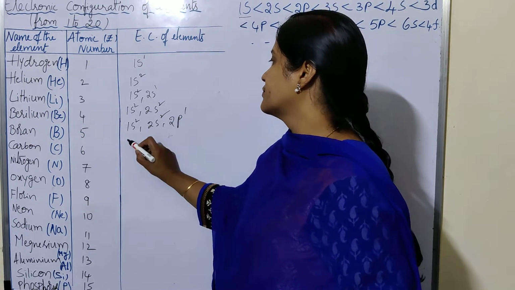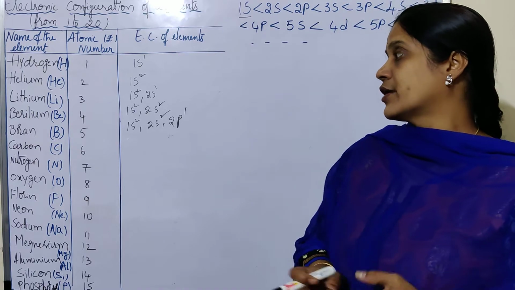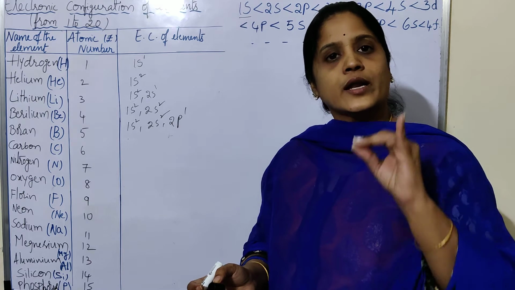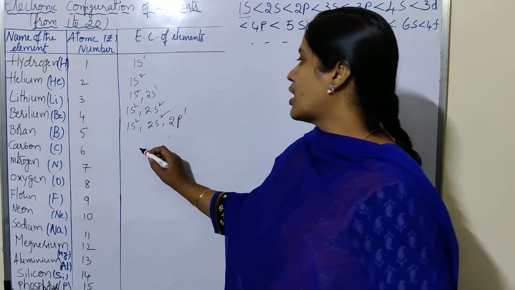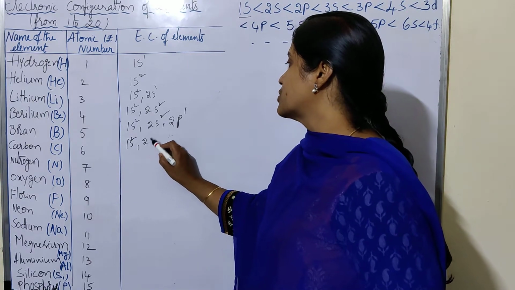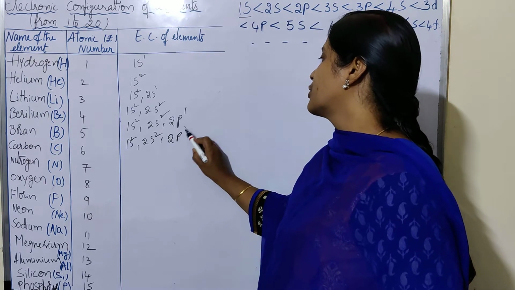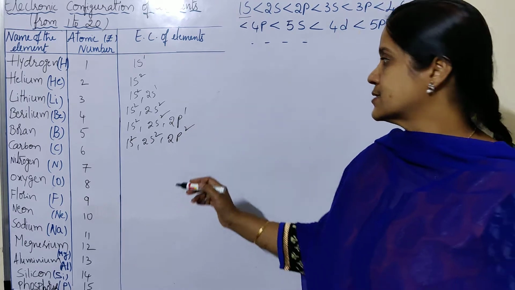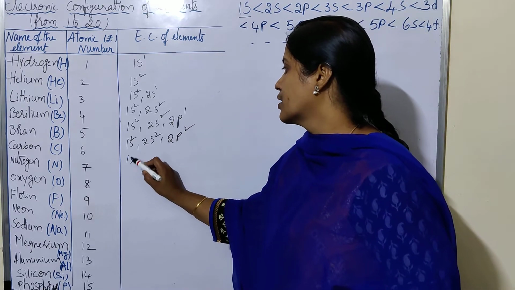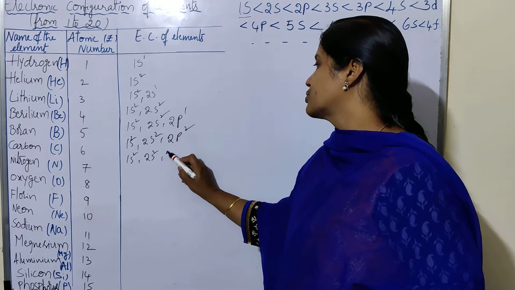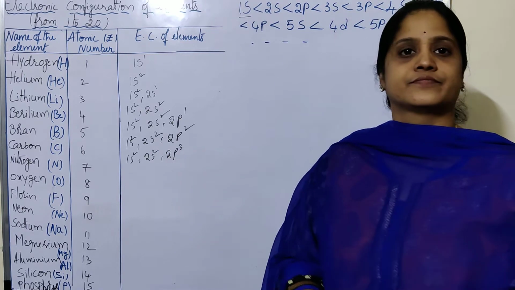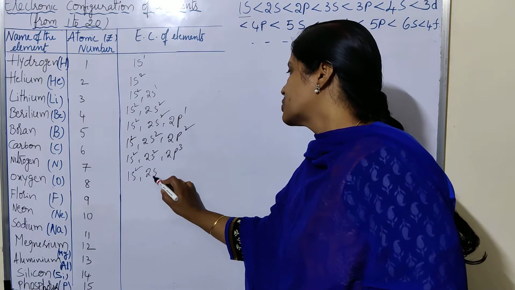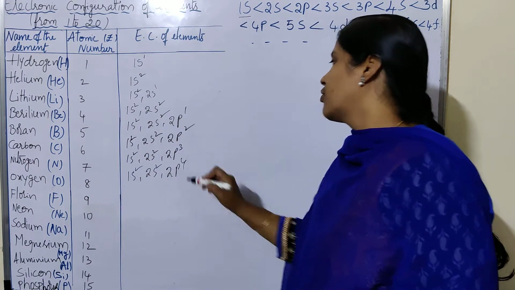After boron we have 5 more elements: carbon, nitrogen, oxygen, fluorine and neon. Carbon is 1s2, 2s2, 2p2. You count the number of electrons: 2 plus 2 is 4, 4 plus 2 is 6. Next nitrogen, 1s2, 2s2, 2p3. Oxygen, 1s2, 2s2, 2p4.